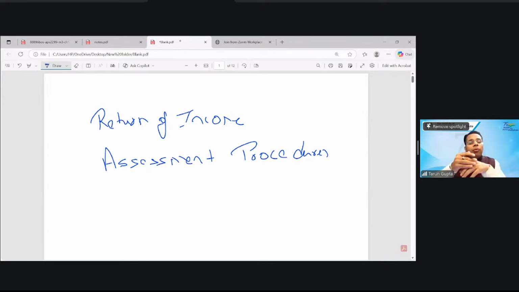Then we also studied who are the persons exempted from the requirement of filing return of income. If you ask me from the exam point of view, the topic of updated return and section 139(1), who all are required to furnish return of income, are comparatively more important than the others.